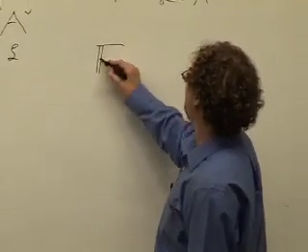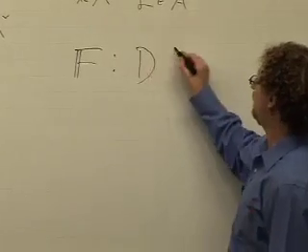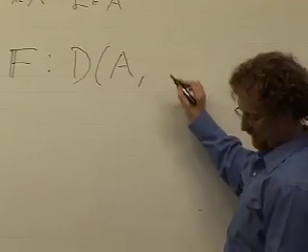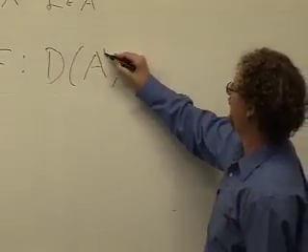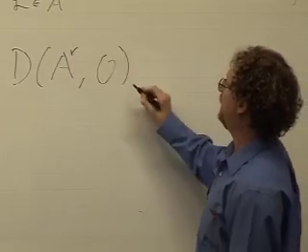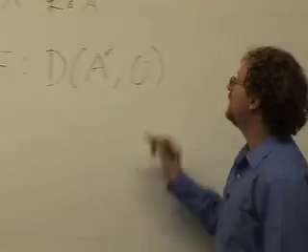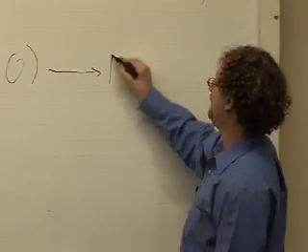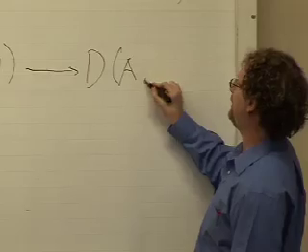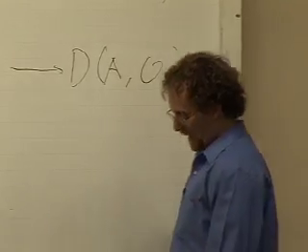So now I have all this machinery set up, so I can do a Fourier transform, which is a functor from, just like I did with the usual Fourier transform, I'm going to go from right to left. I get a functor from functions on A dual to functions on A. And what is that given by?